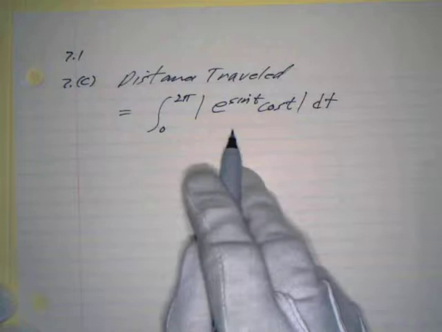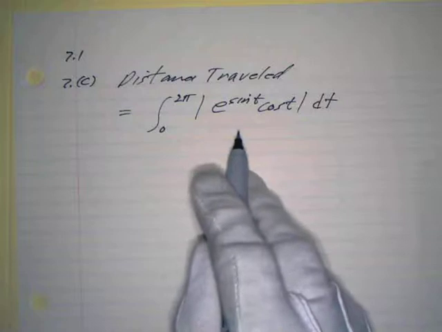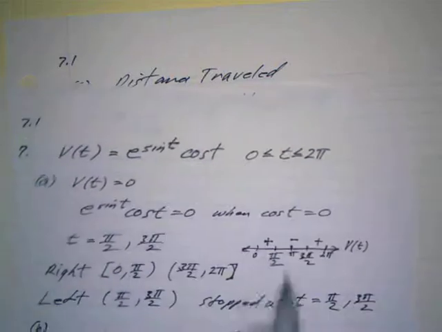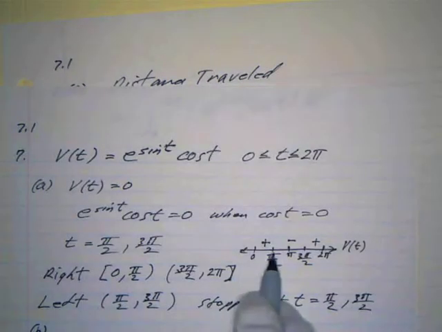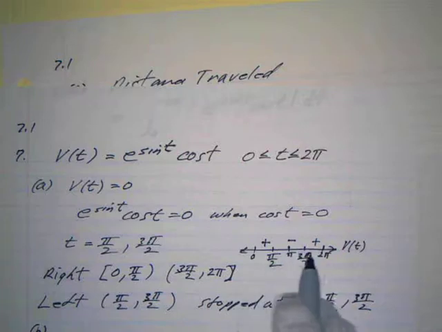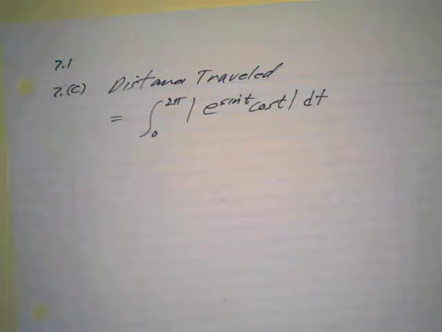Now we already know what that's going to be because we had our graph. So we know we're going to have positive here, and this is negative, so we have to take the negative integral there to make it the absolute value, then we'll go back to positive.